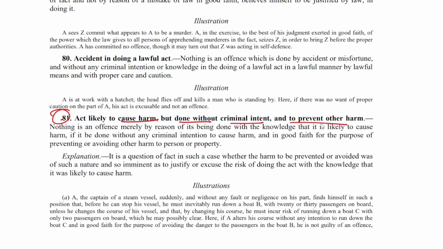We have discussed that there are two situations where a majority of the people are going in a bus, and there are two people going by cycle. There is a road, and on one side of the road there is a cycle with 2 passengers, and then there is a bus with 30-40 passengers, and there is a truck being driven by the accused.